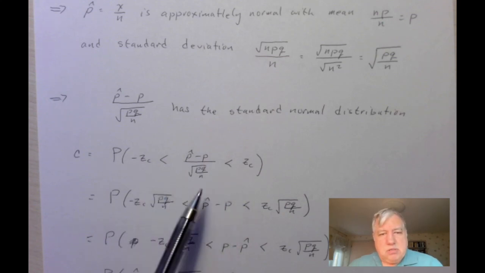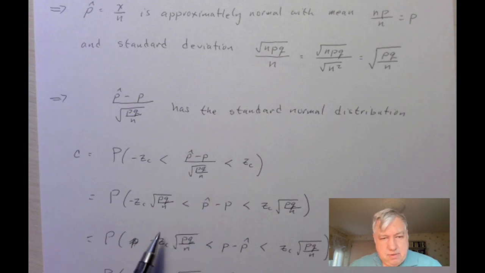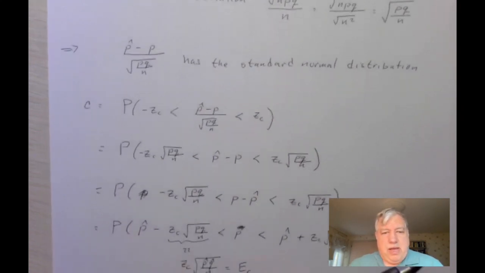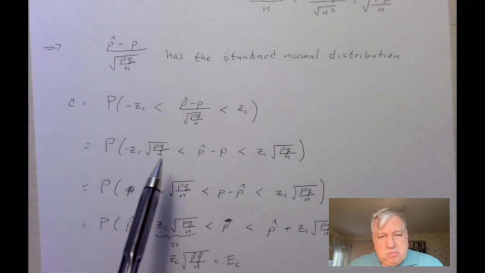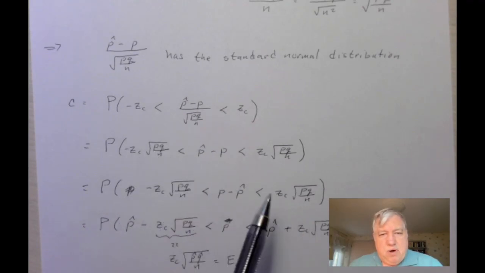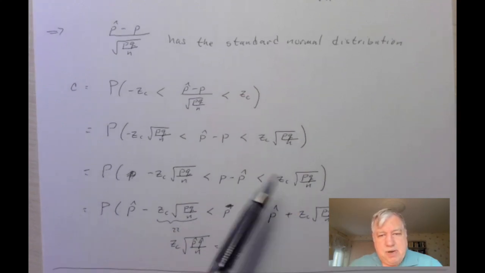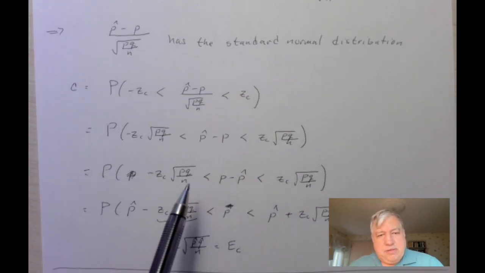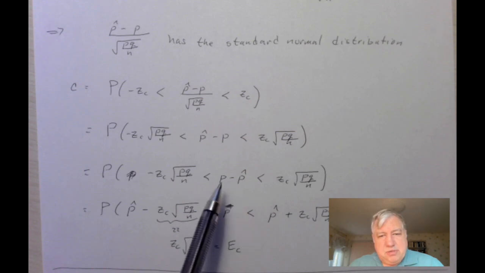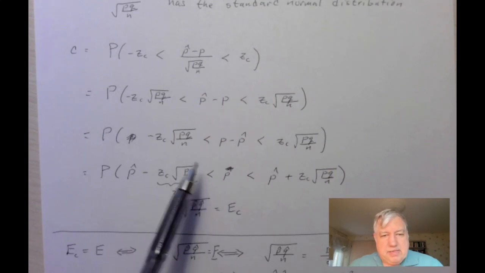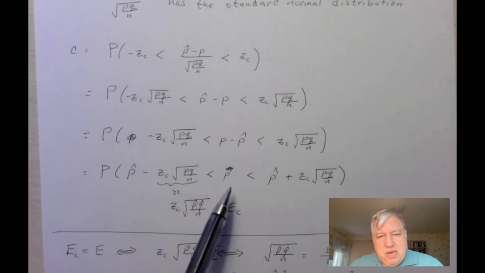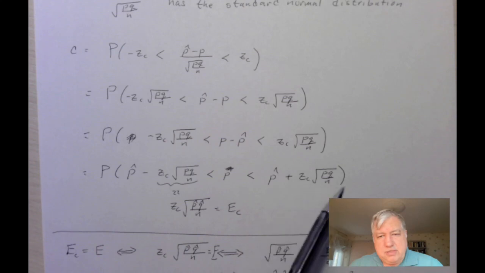Then we multiply both sides by the square root of pq over n, and multiply by -1, which, as we described last time, just interchanges the two. Then we add p hat to both sides, and we get p hat minus this number is less than p, which is less than p hat plus this number.